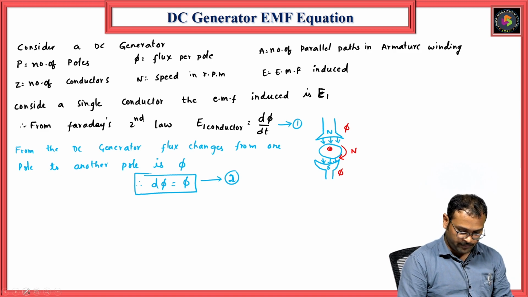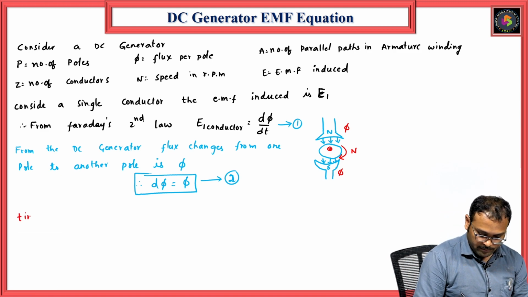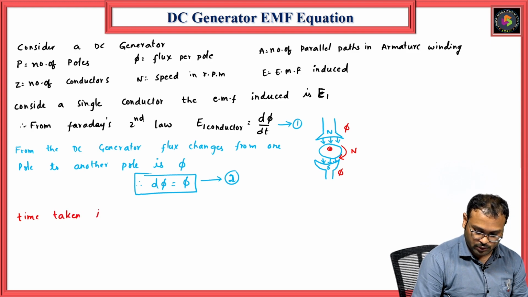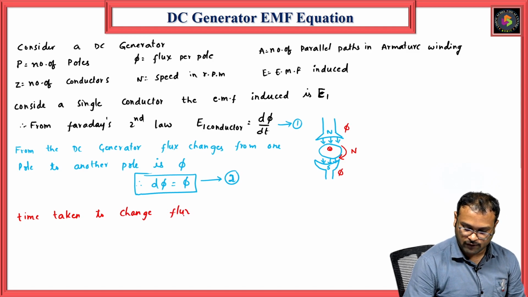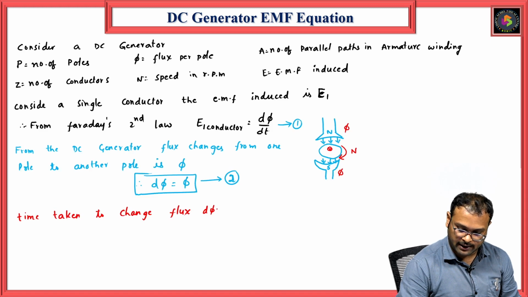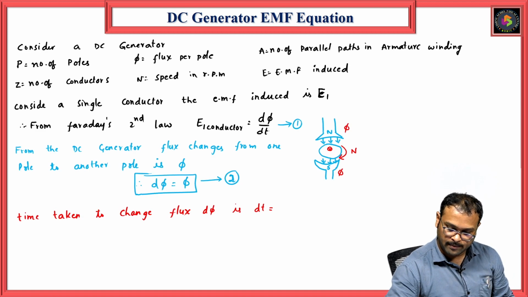Then the time taken to change the flux, dt, is equal to 60 by Pn seconds.